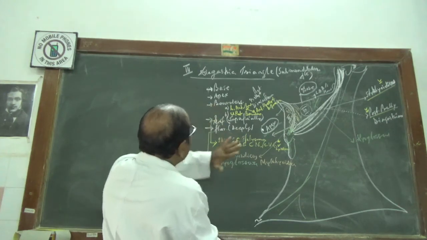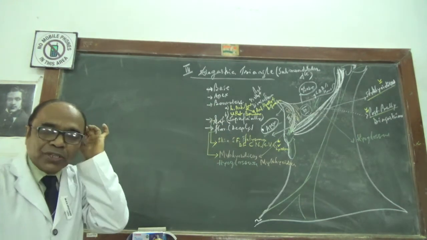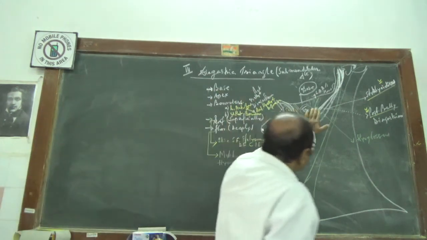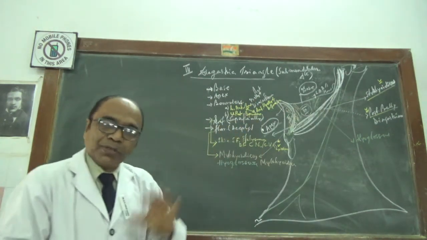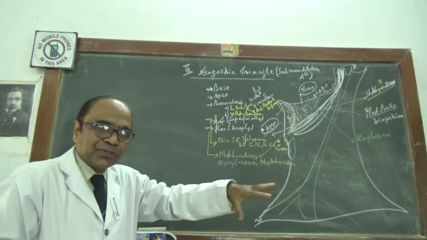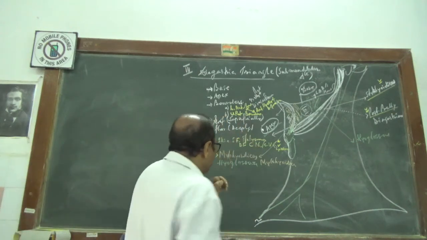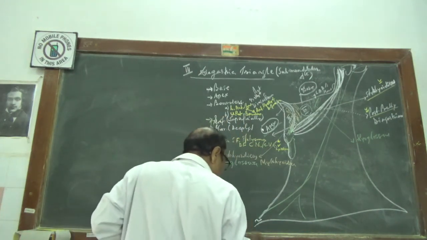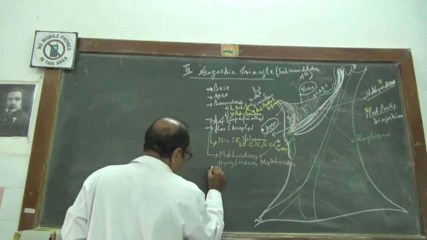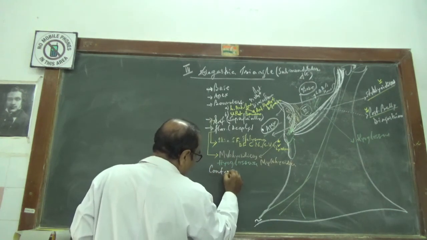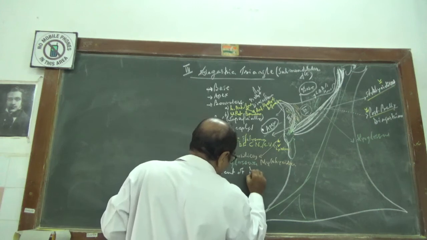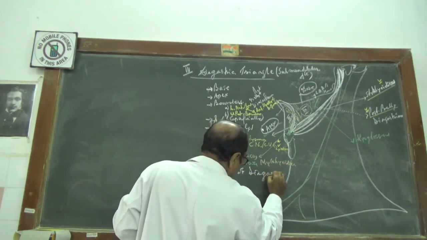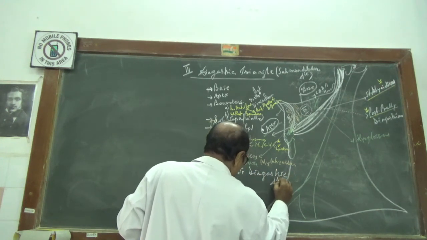Now after having all these things, the question comes, why is this triangle present? Because this triangle is a space, and in that space many contents are present. So the contents of the digastric triangle: what are those?